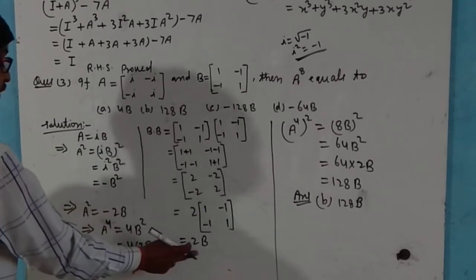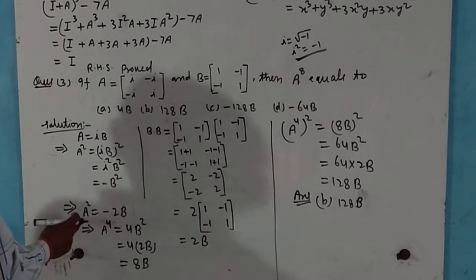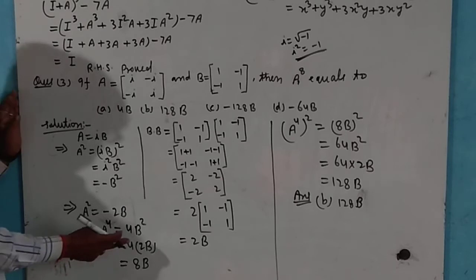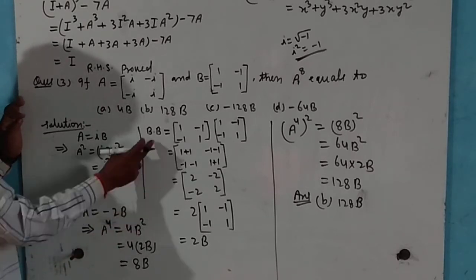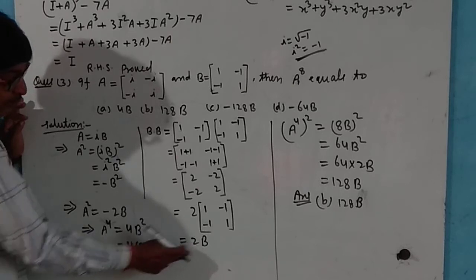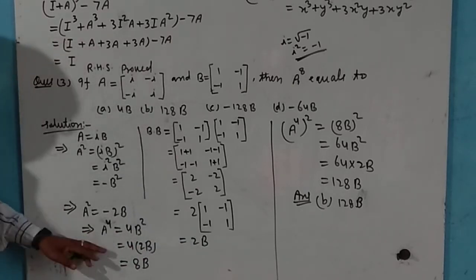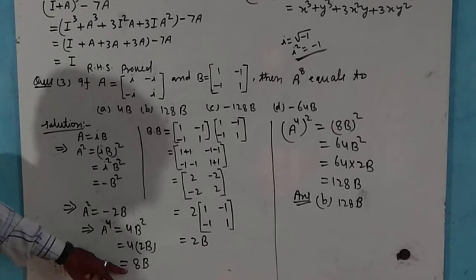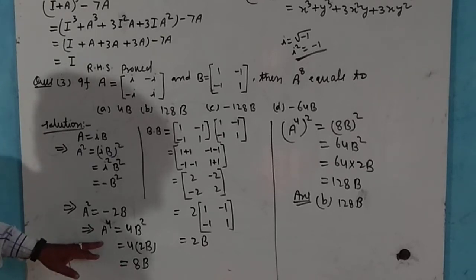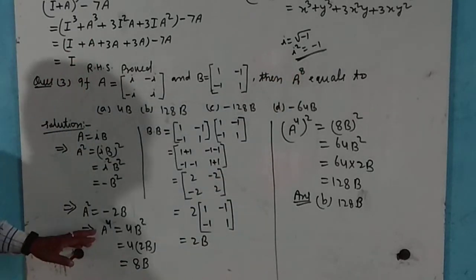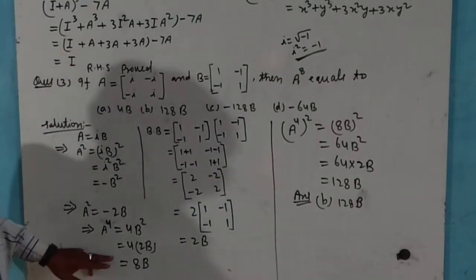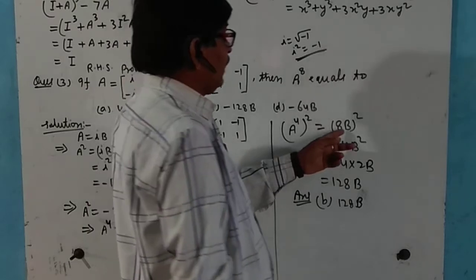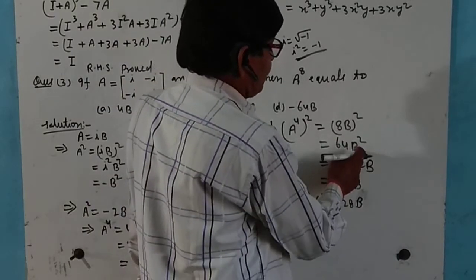Squaring again, A to the power 4 equals 4B squared, and B squared is replaced by 2B, so 4 times 2B is 8B, so that A to the power 4 equals 8B. Now we also have to calculate A to the power 8, so we square this again, A to the power 4 squared, which is (8B) squared, that is 64B squared.